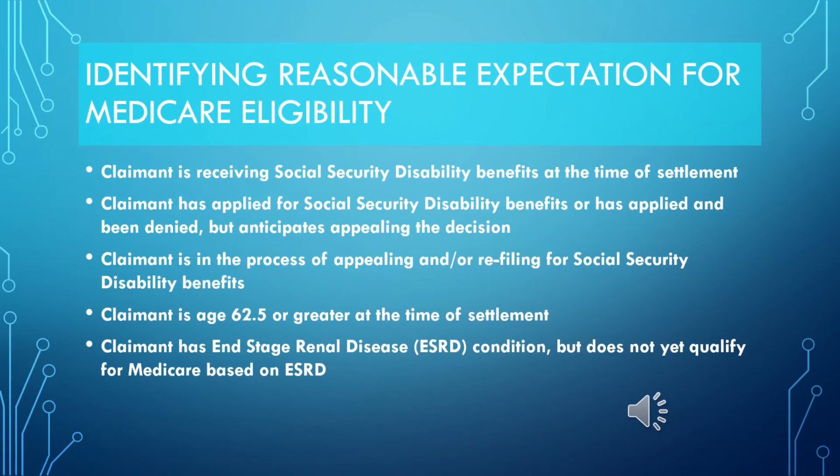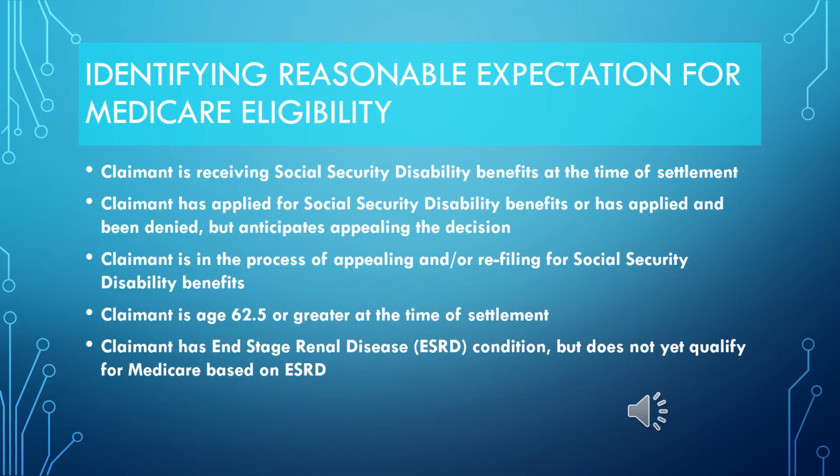So those thresholds usually bring about the big question of identifying reasonable expectation for Medicare eligibility. Okay, and I'm talking specifically about that Class 2 designation of the CMS thresholds.